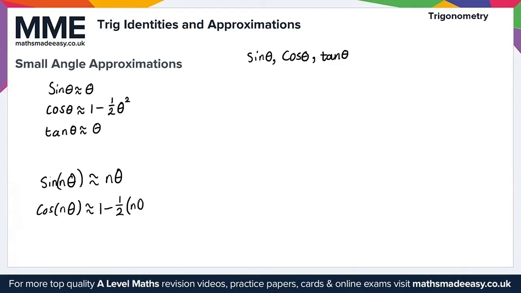And then finally, for tan of n theta, this approximates, just like we had with sine of n theta, to n theta. And just remember the product here must be less than 1.